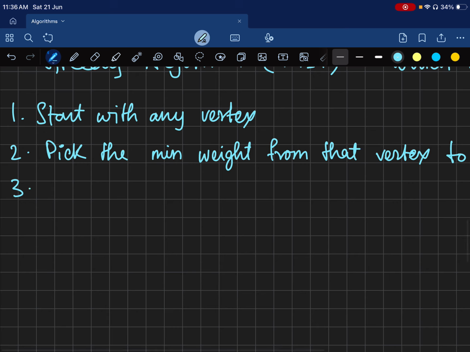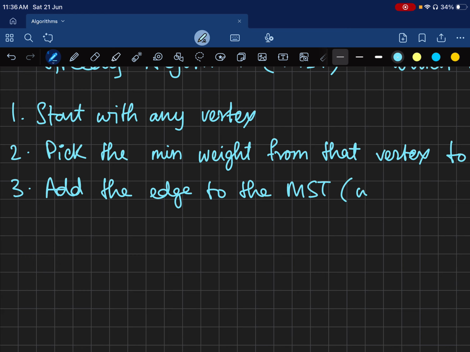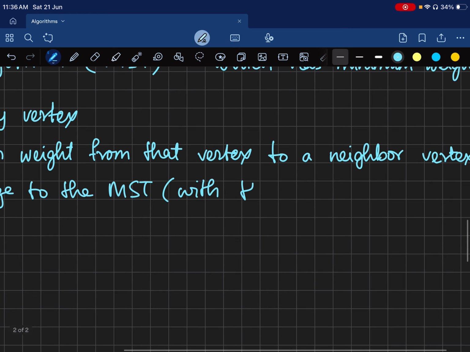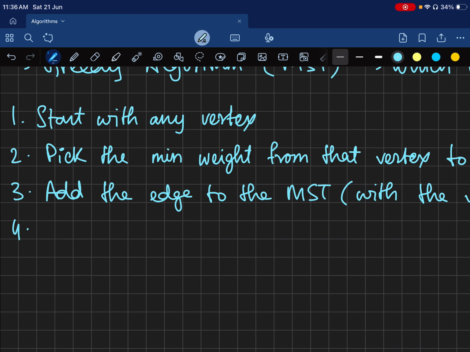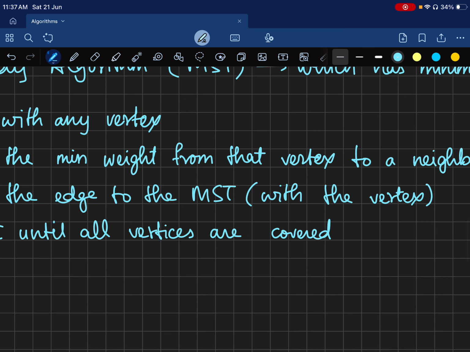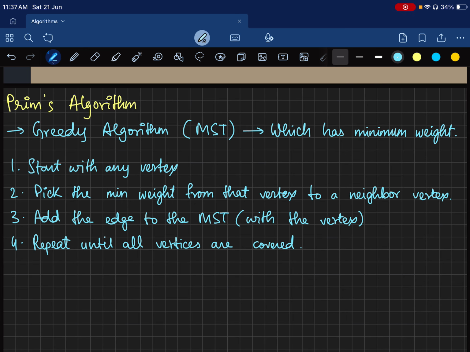Step three is add the edge to the MST with the vertex. And then last is repeat until all the vertices are covered. So these are the four steps which make up Prim's algorithm.